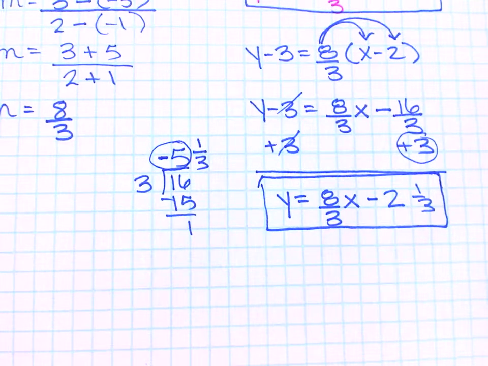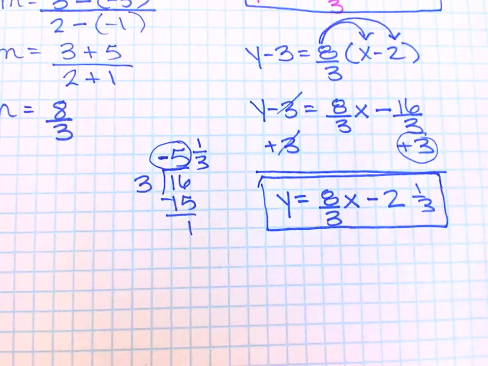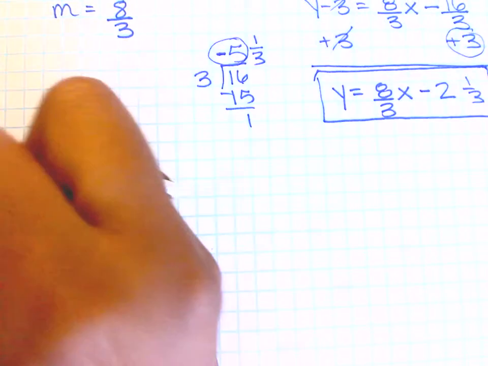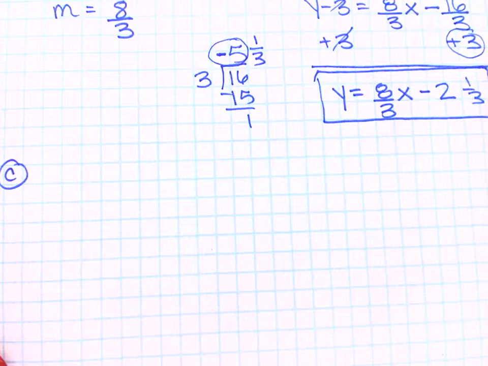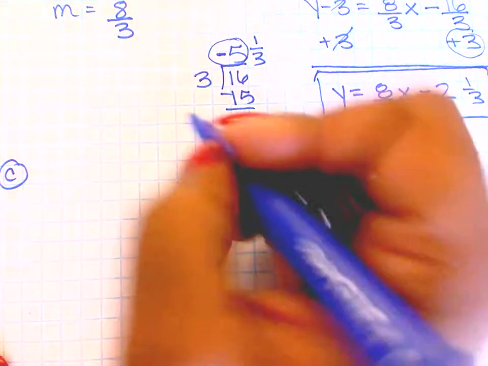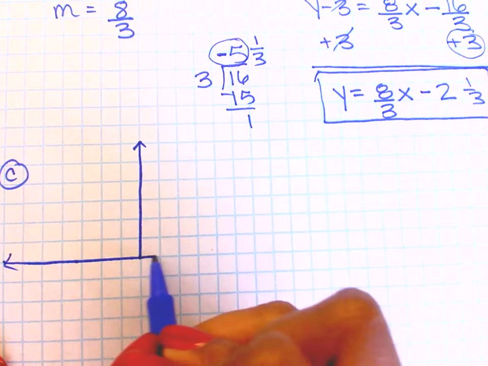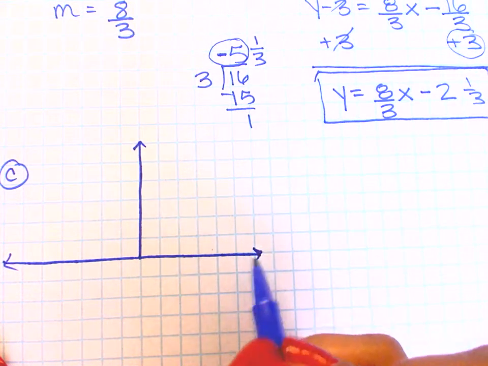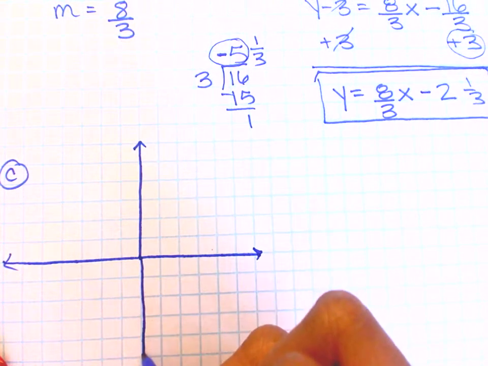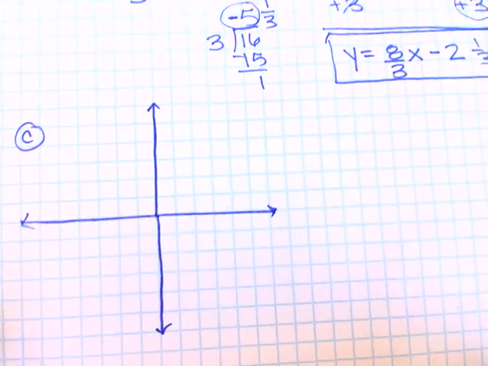Okay. The next example they're going to give you is a graph with points on it. So we're going to have to draw a graph. For example, C. Let's see. Let's make our graph 1, 2, 3, 4, 5, 6. 2, 4, 6. Okay, so they're going to give you a graph.